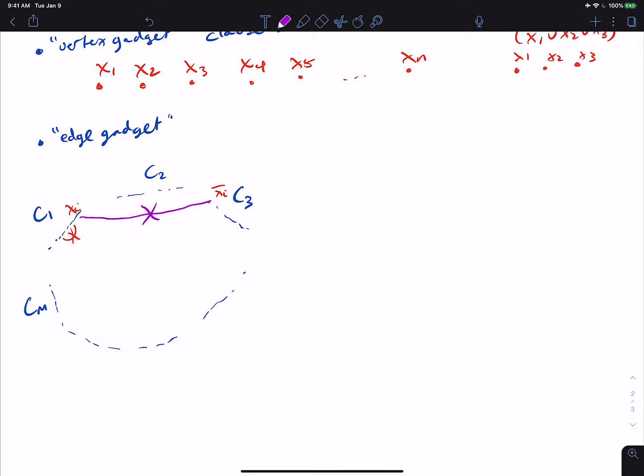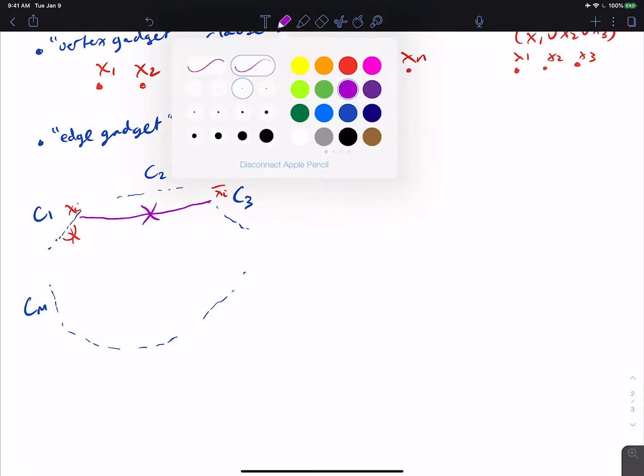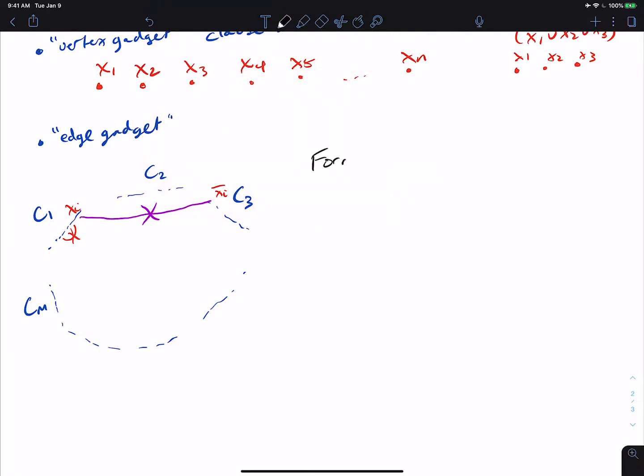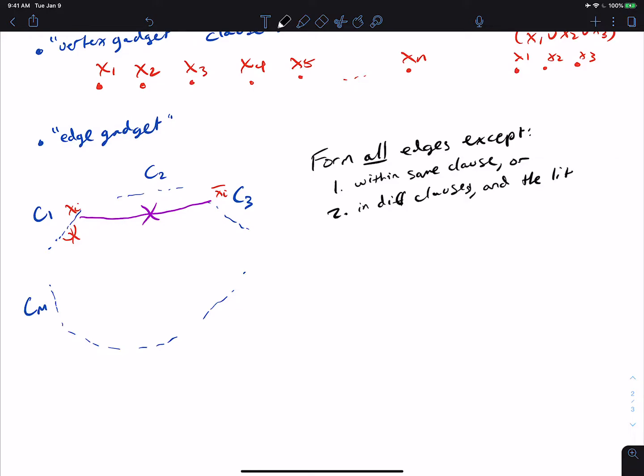So we're going to form all edges except the following ones: within the same clause, or in different clauses, and the literals are complements of each other. And I'll do an example of this.